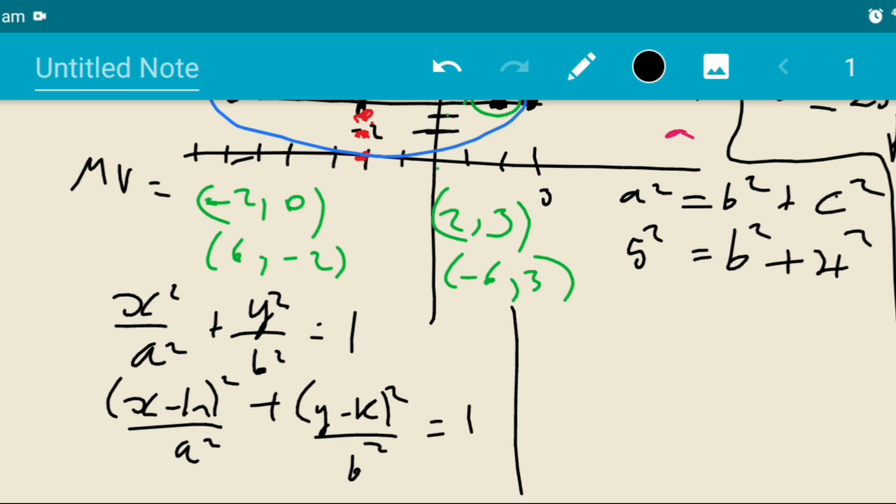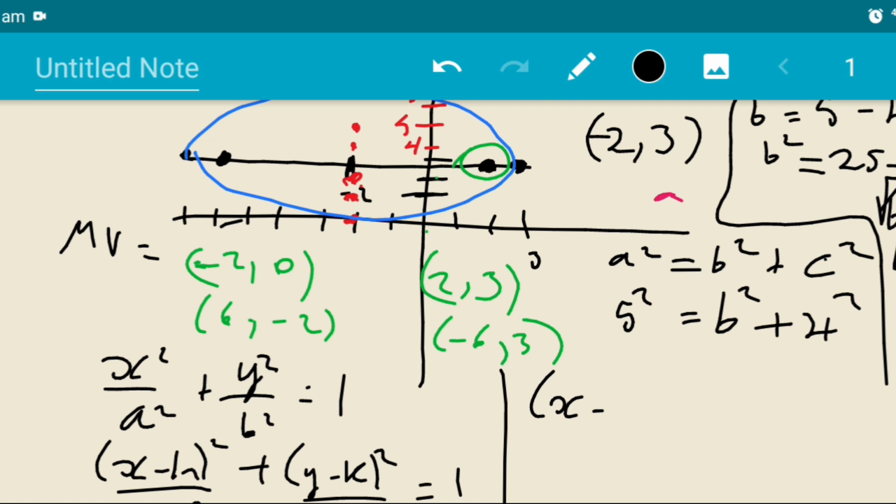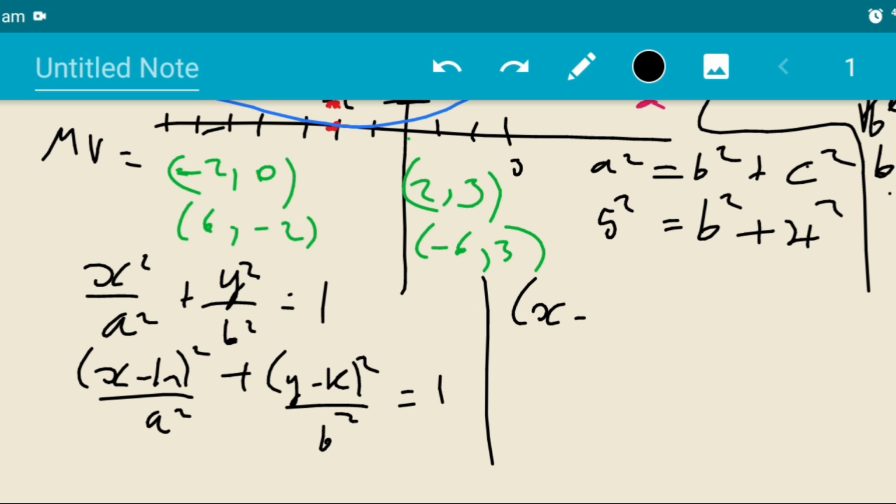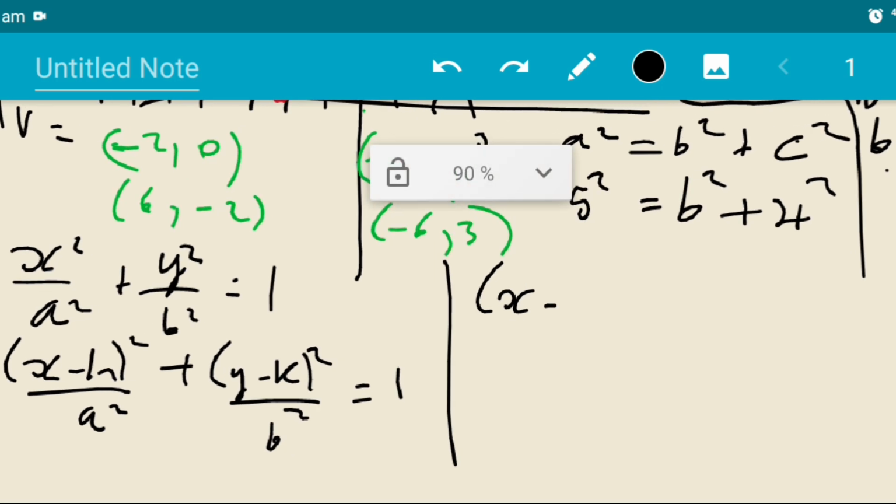Let me just write the demarcation there. Then this is x minus, what is our h? That is where the center is located on the x-axis. So in the x, it is located at -2. Then in the y, +3. Let me simplify it even further to make it easy.